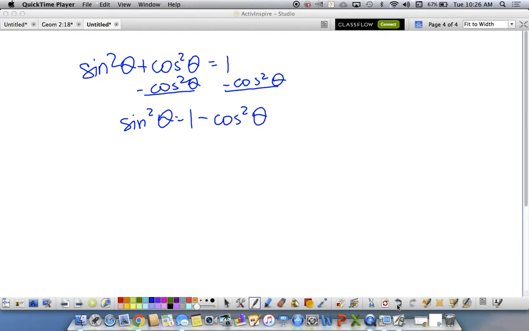Solve for something. If I wanted to solve for cosine squared, do you guys figure out how we would solve for cosine squared? What would you do?